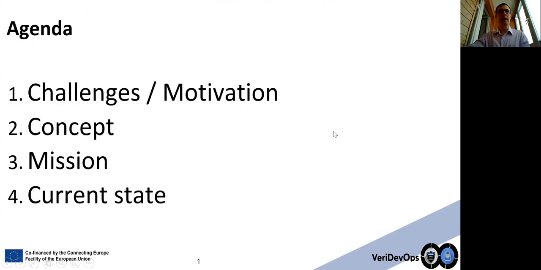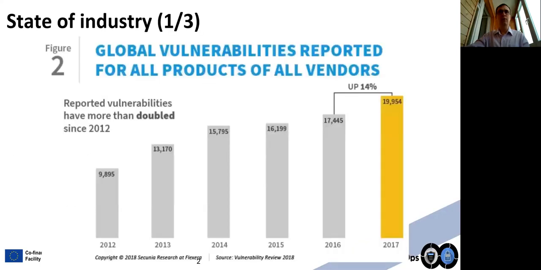Okay, let's begin. What about the challenges and motivation? From various sources, we see that the number of vulnerabilities has grown dramatically over 20 years. From 2012 to 2020, the number of vulnerabilities detected has actually doubled.